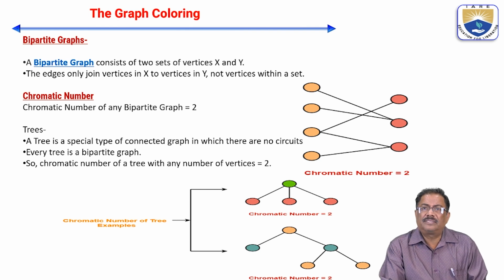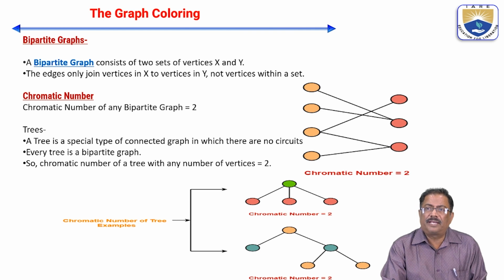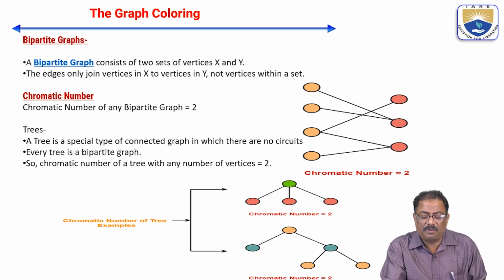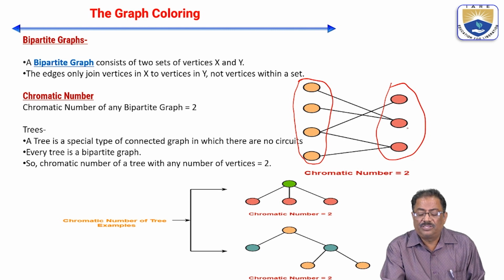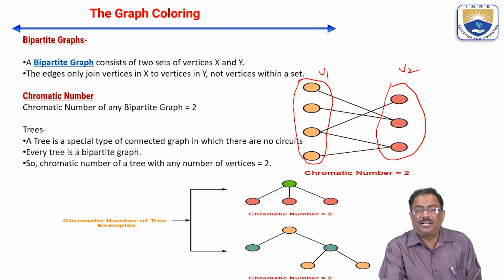Suppose if I am going to consider a bipartite graph, because this is not having any edges internally, this is one bipartite set, and this is another. There should not be any edges between vertices of V1, and there should not be any edges between the vertices of V2. Subsequently, the vertices in V1 and V2 are not adjacent within their own sets.